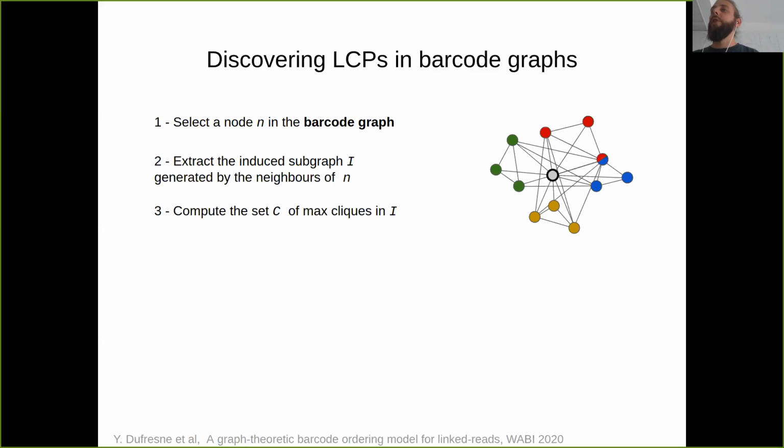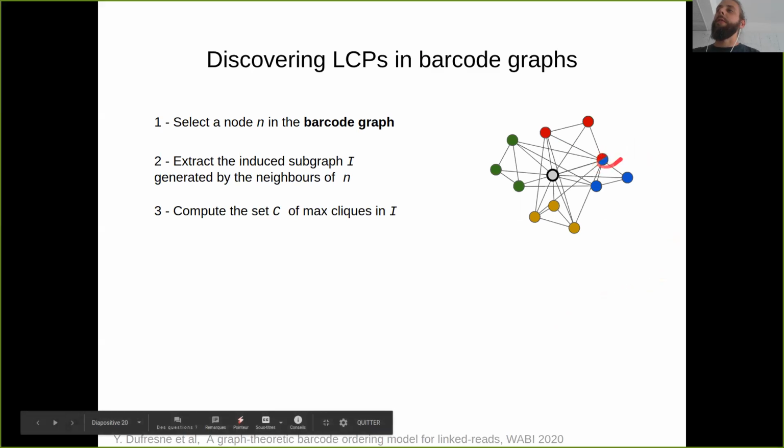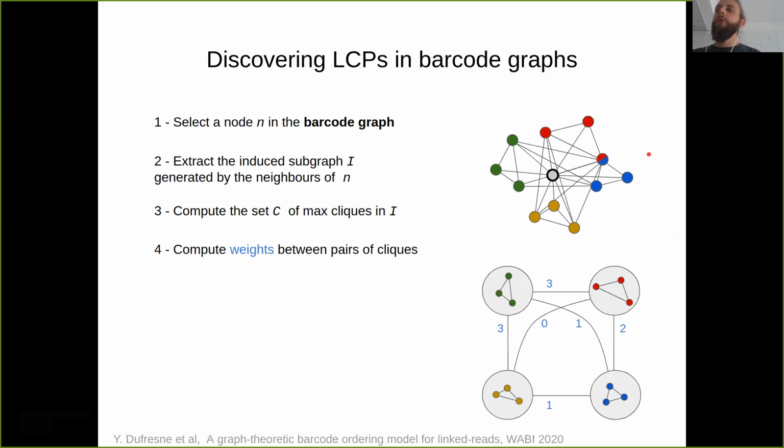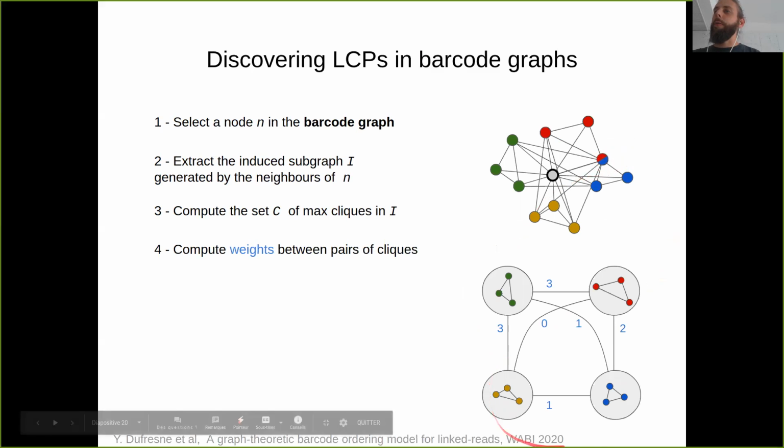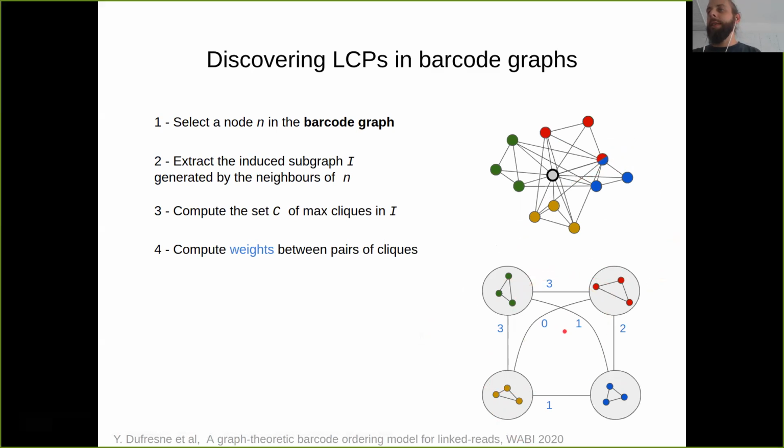Here there are 4 cliques, and as you can see, the red and the blue cliques share one node. You compute the weight of the clique pairs. You can invert them because I want to maximize things just after, so you do the maximum weight minus the weight of the edge.